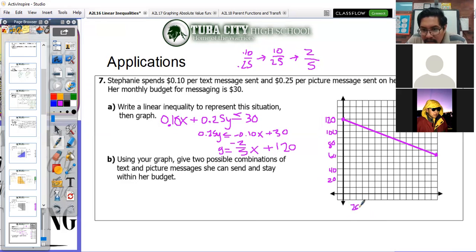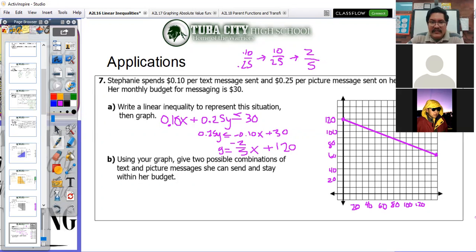Might as well, while I'm at it, draw these marks here. 60, 80, 100, 120. And I'm not sure if those will really perfectly line up, but just to give us an idea of what's going on. All right, there we go. So we graphed it and we wrote it into slope-intercept form, and we wrote the inequality. So A is done.